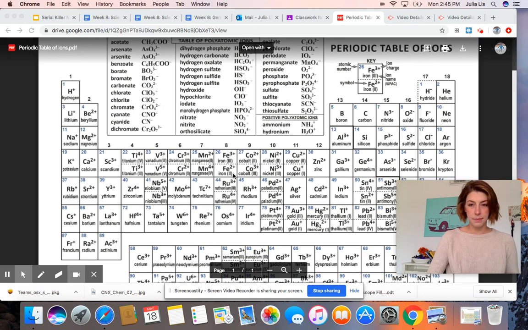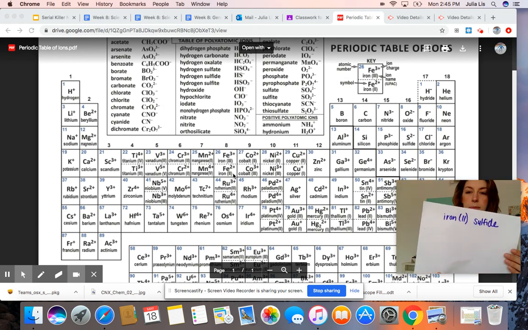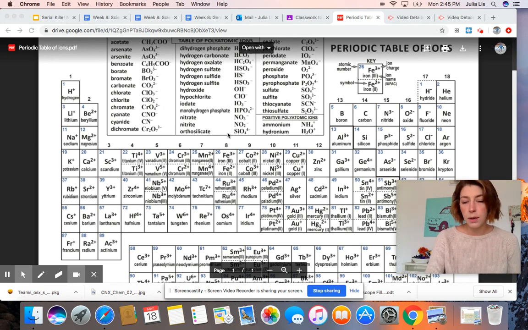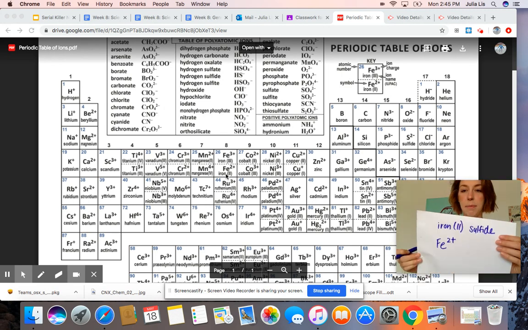If I said iron 2 sulfide with the Roman numeral there, what that means is when I go to look at iron, I'm going to pick the one with 2. So I'm going to go Fe 2 plus, not 3 plus, because I put 2.